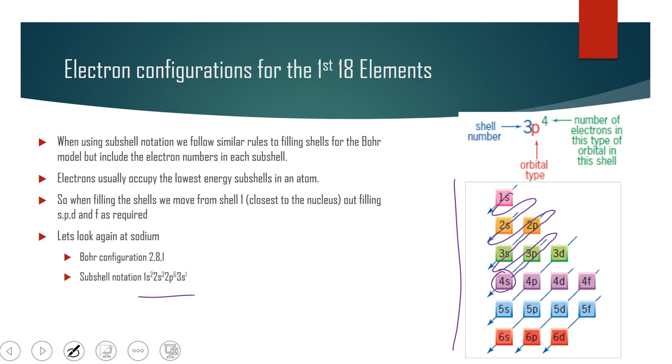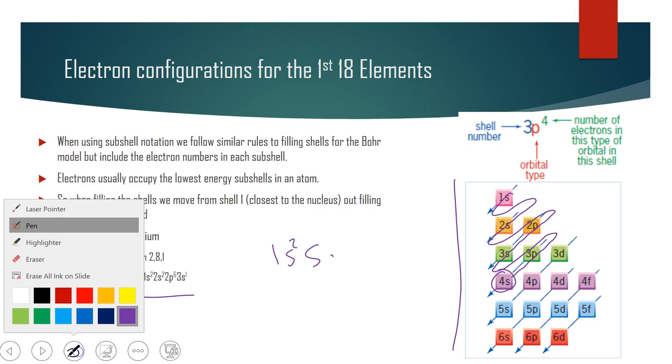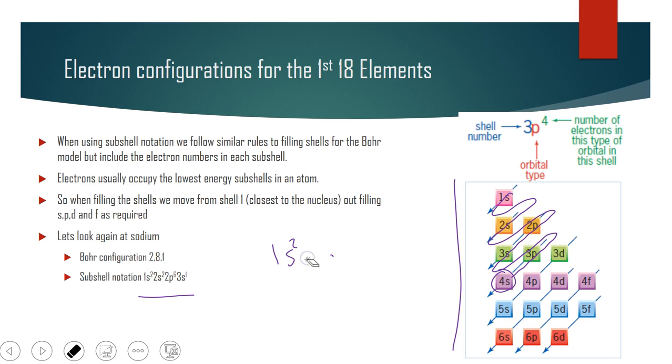So if we were doing chlorine, it would be 1s2, that's 2 electrons. Then we would go to 2s2, 2p6, so now I'm at 10.